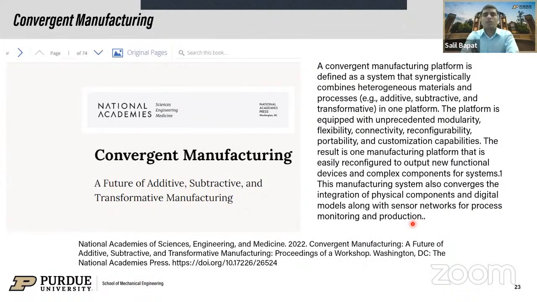So essentially what I had spoken, from bio inspiration to strategies for resilience to the digital twin application, all is now getting combined into what we term as convergent manufacturing. And this is where we would go from Industry 4.0 to, I believe, Industry 5.0.